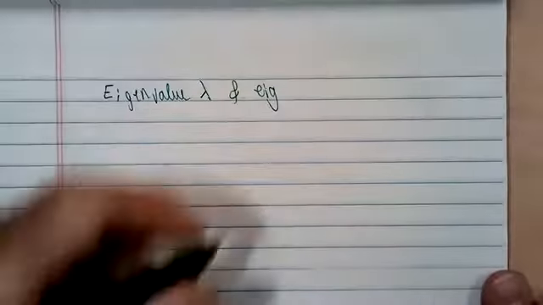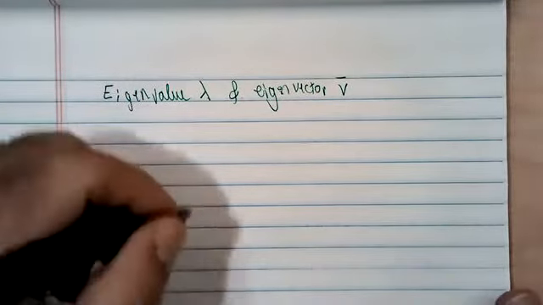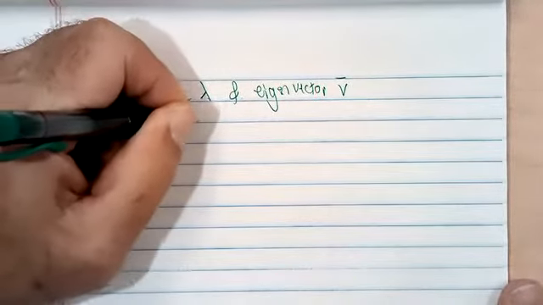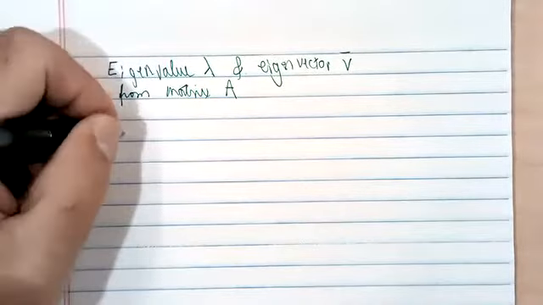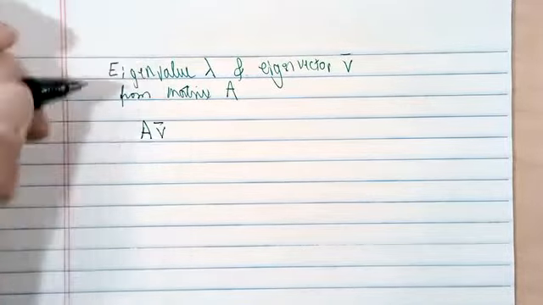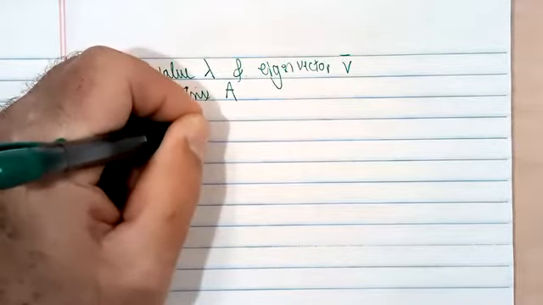All right, an eigenvalue lambda and its eigenvector v, they come from a matrix, from the matrix A. If we have them, it means this: if you take the matrix A, left multiply the vector v, you get a scalar times v.